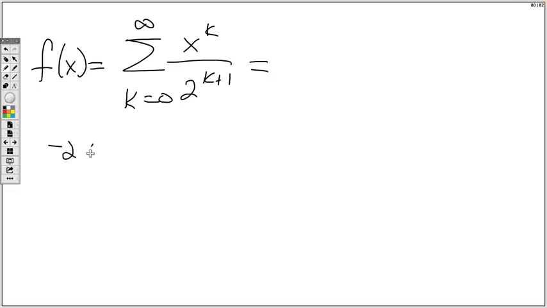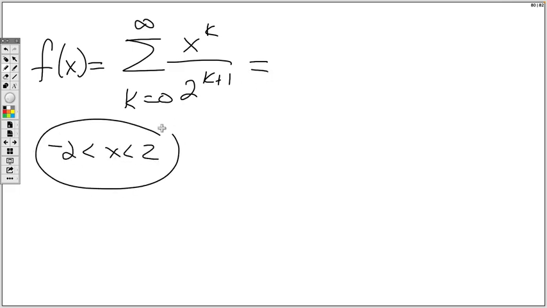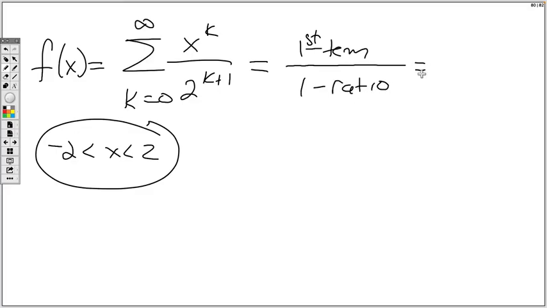So, as long as x is between negative 2 and 2, once again, it's the first term over 1 minus the common ratio. And how do I get the first term? I look at where the k starts. K in this case starts at 0. And what did we all agree x to the 0 is going to be, regardless of what x is? 1 over, plug 0 into this.